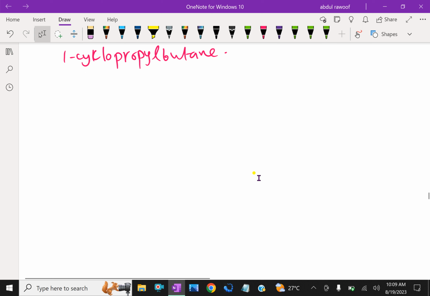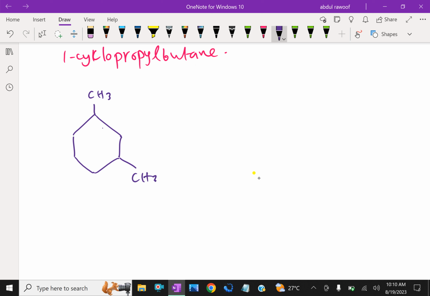Now, the second step, number the substituents and write the name. For example, here, look at here. CH3, CH3. So numbering is like 1, 2, 3, 4, 5, 6.